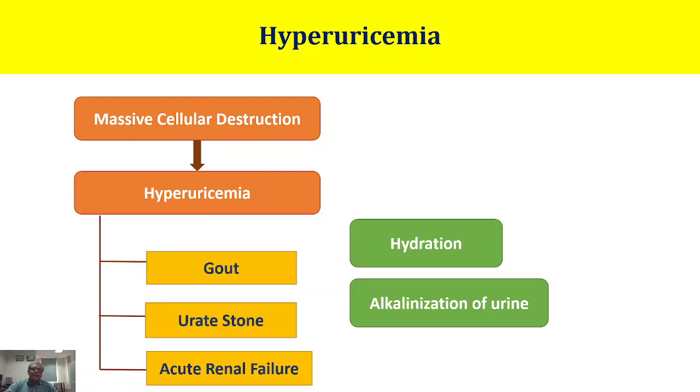Second, as these urate stones become more insoluble in acidic urine, alkalinization of the urine helps to dissolve the stones, and uric acid can be decreased with a uric acid synthesis inhibitor, that is allopurinol.